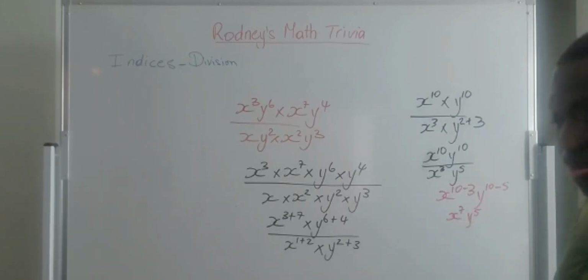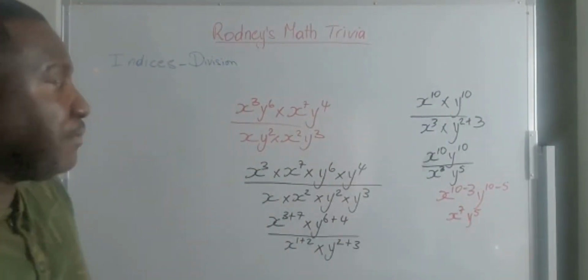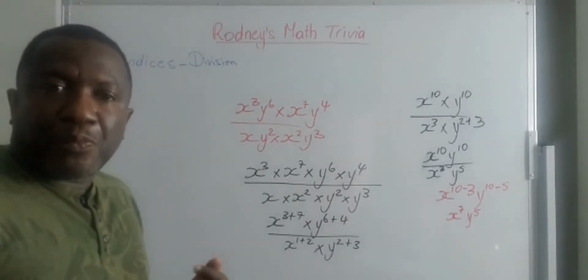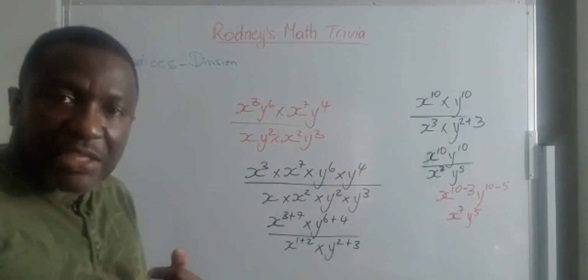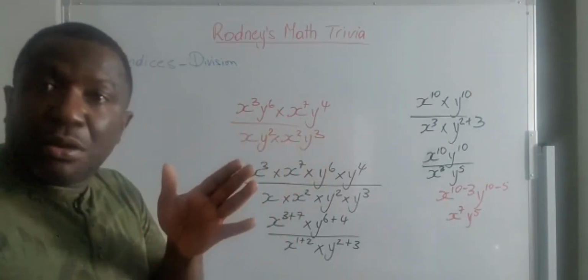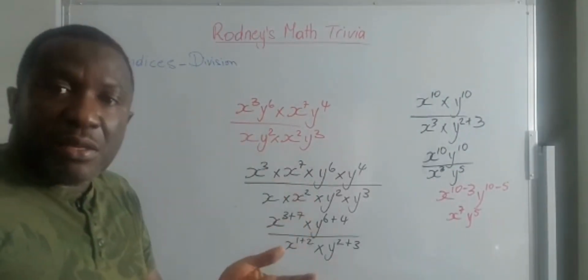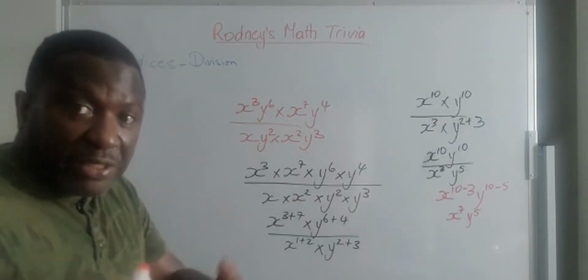So that would have been the end of my video on division of indices. So just to recap, when we are multiplying indices with the same base, all we need to do is to add our indices. When we are dividing indices with the same base, we are doing the opposite.